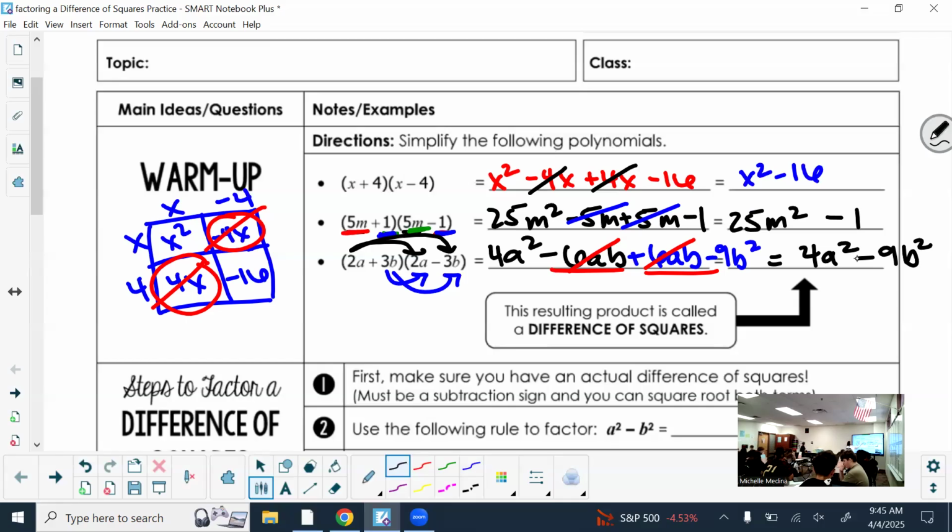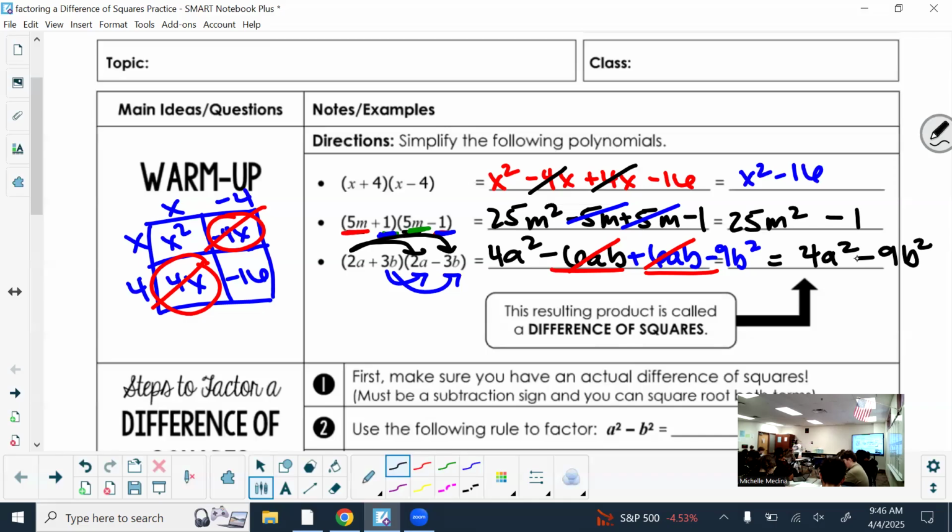Normally, when we multiply binomials, remember we would usually get a 3-term answer. This time we're just getting a 2-term answer. And also notice something else in them. They're all subtraction problems, and they also have perfect squares on each side.